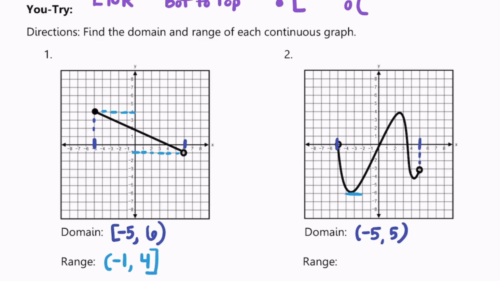I'm talking the lowest curve even. So we see that there at -6. It's a solid line, so it's going to have a bracket. And the highest value is 4, and that's going to have a bracket as well.